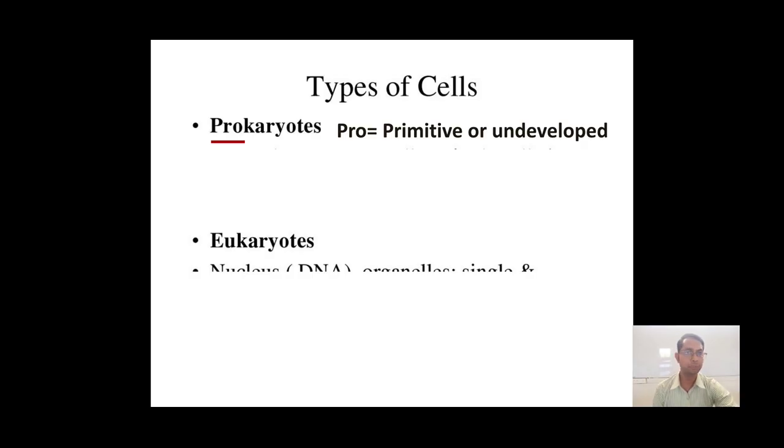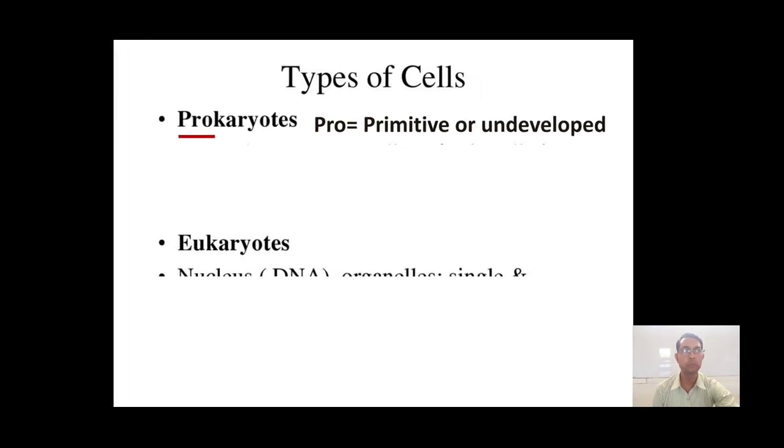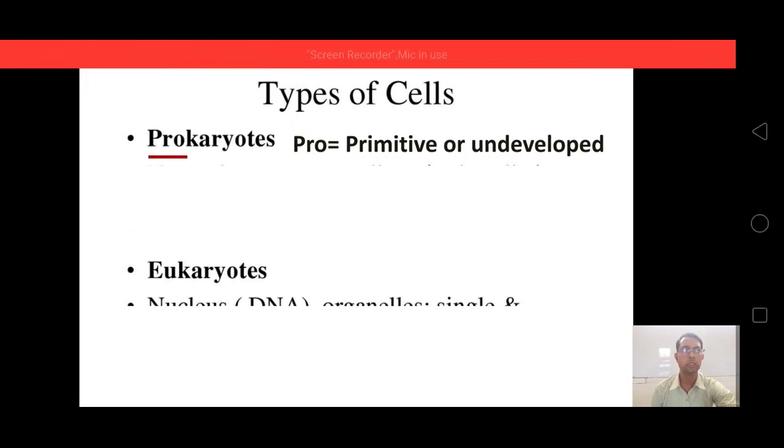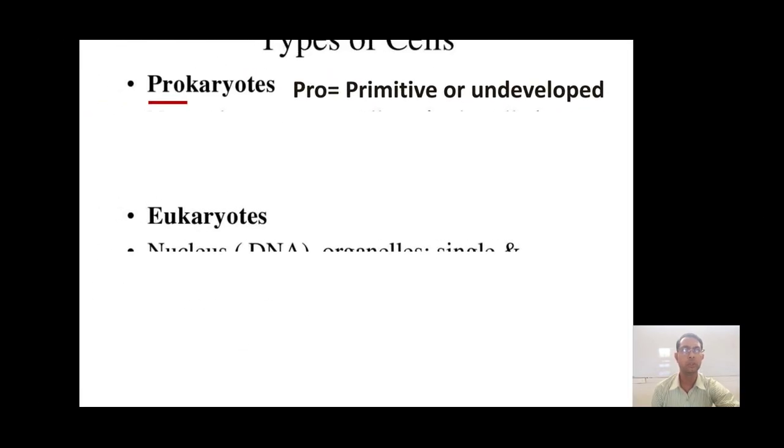Pro means primitive or undeveloped, and karyon means the nucleus. So there is the prokaryotic organism, and then the eukaryotic organism. These two types of cells are present.